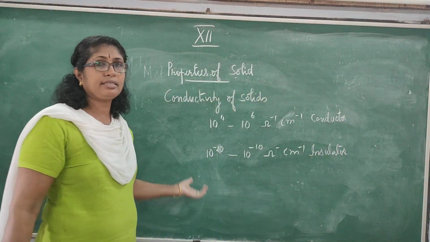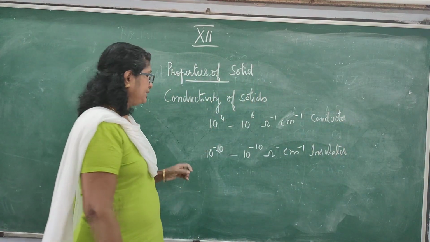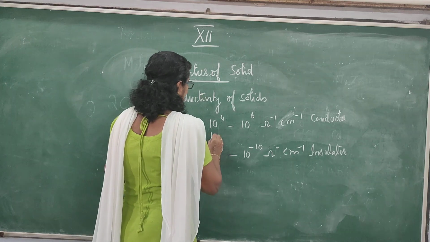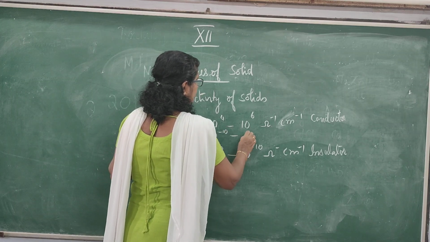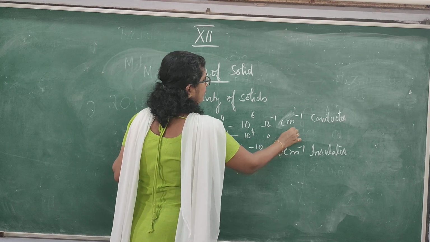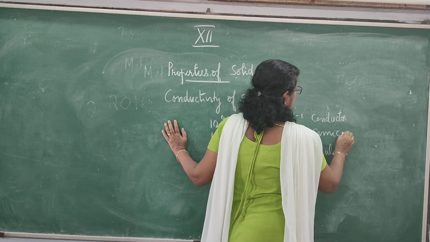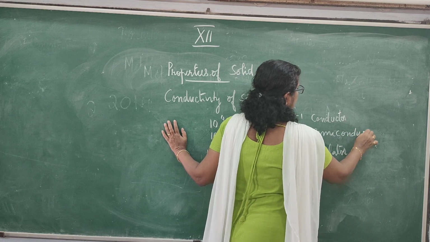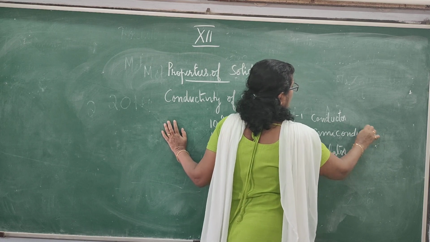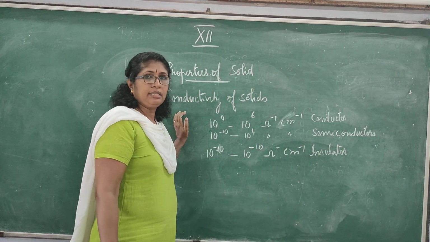In between come the semiconductors whose conductivity is from 10^-10 to 10^4 ohm inverse centimeter inverse. Then we call them semiconductors. So solids are of three different types.